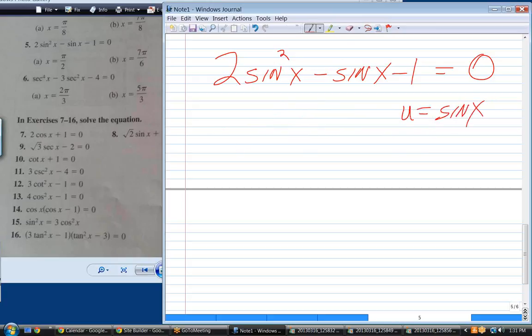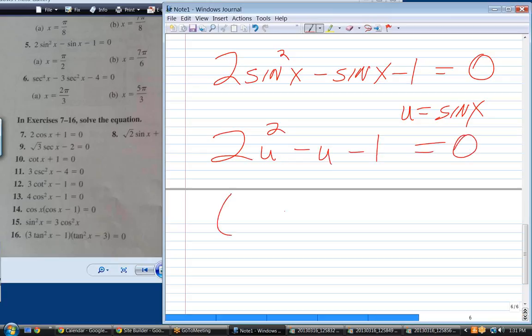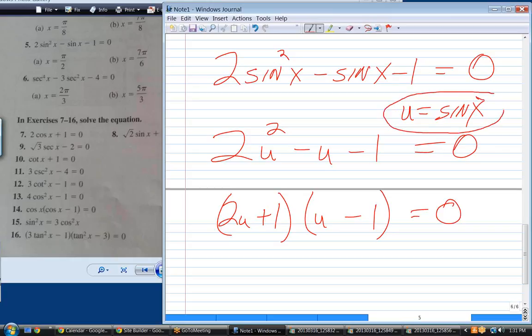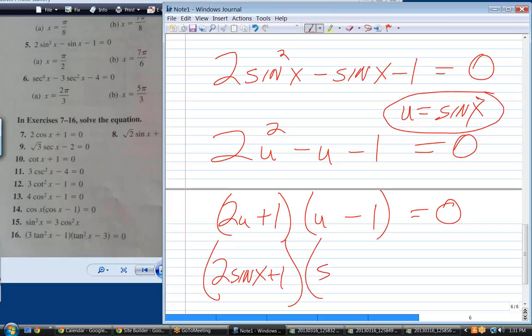And so what I'm really looking at here is 2u squared minus u minus 1. Now let's solve this. Well, it factors into 2u and u, and minus 1 plus 1. Now we go back and resubstitute to get 2 sine x plus 1 times sine x minus 1.